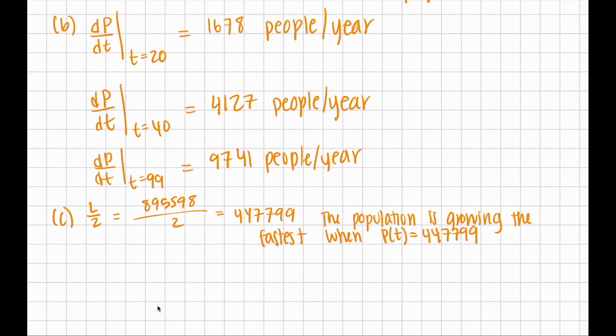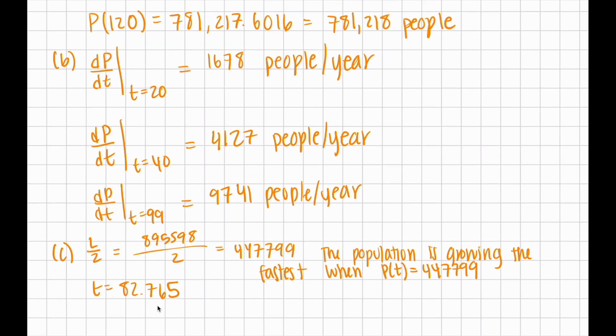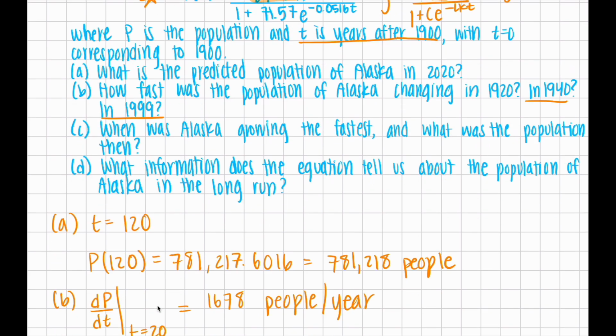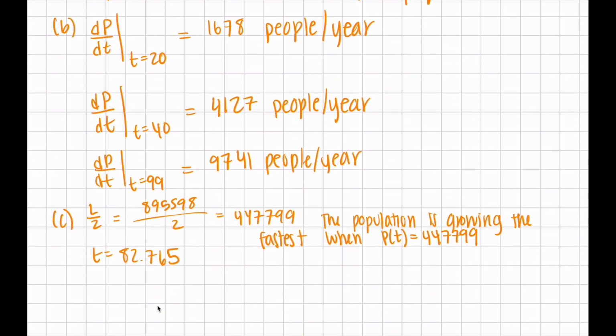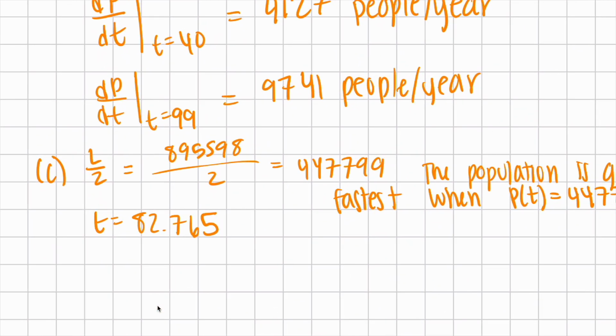So I'm going to say t equals 82.765, and if t is in years after 1900, this is going to be 1982. And with 0.765, we're about 3/4 through the year.